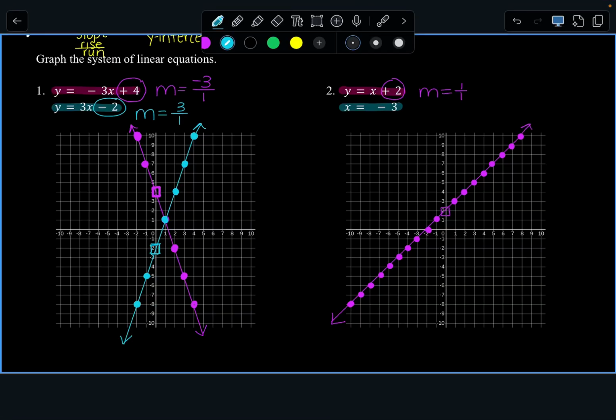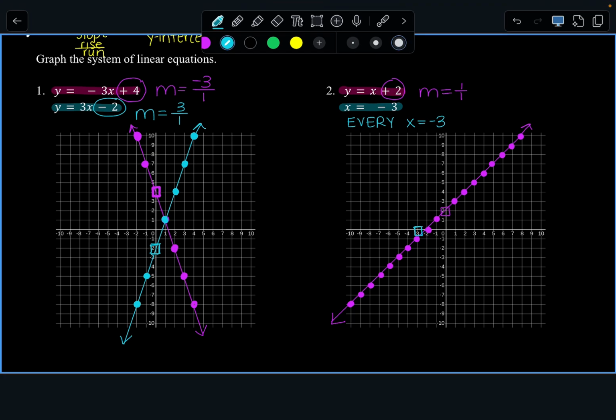Now the one below it is a little weird. This doesn't have a y value, so we can't put it in y equals mx plus b. This means every single x value equals negative 3. So if we go to where x is negative 3, that's here.